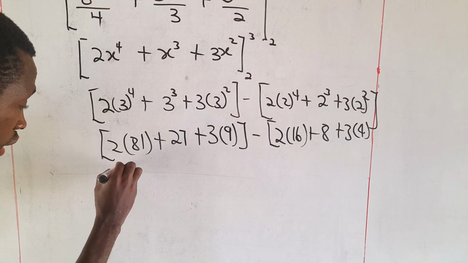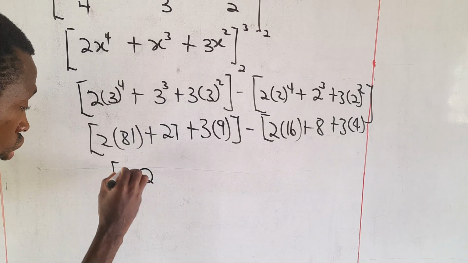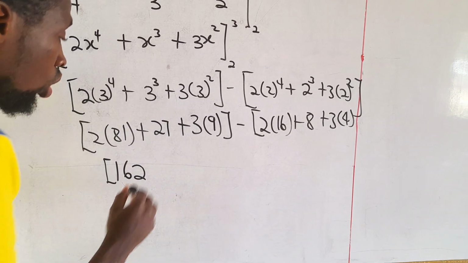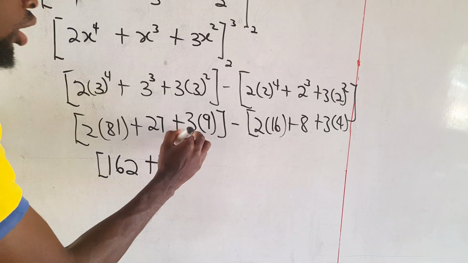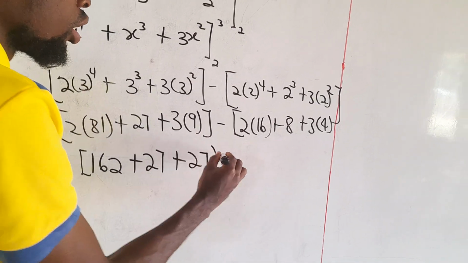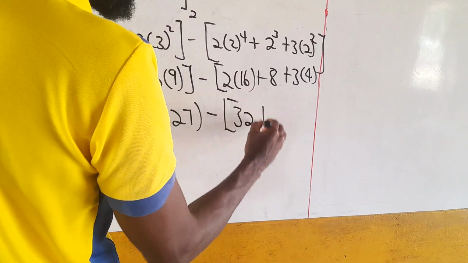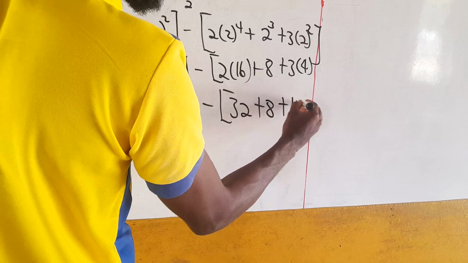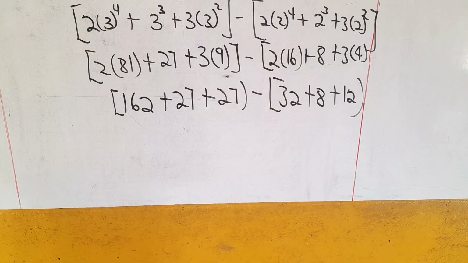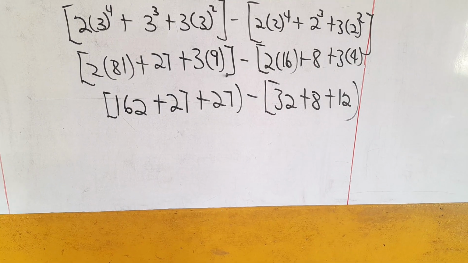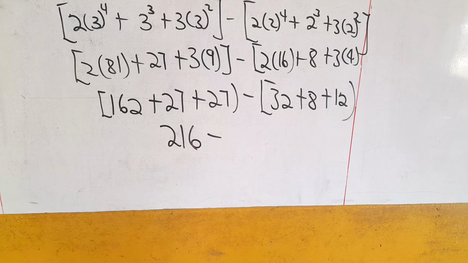So 2 times 81, that will be 162, then plus 27, 3 times 9 is also 27, then minus 2 times 16 is 32, then plus 8, then plus 12, 3 times 4, 12. So 162 plus 27 plus 27 will give us 216 minus.